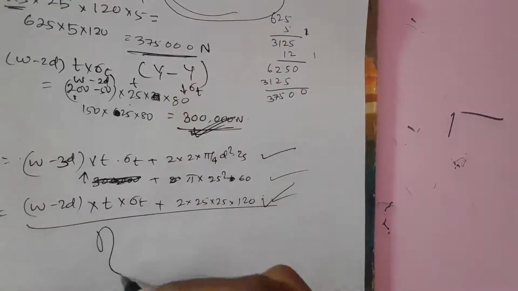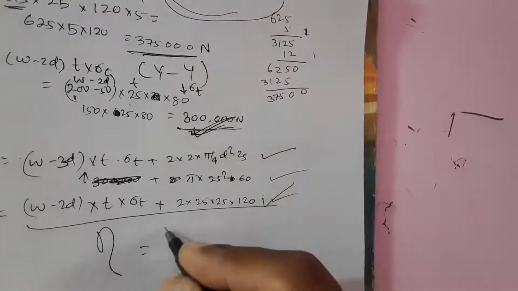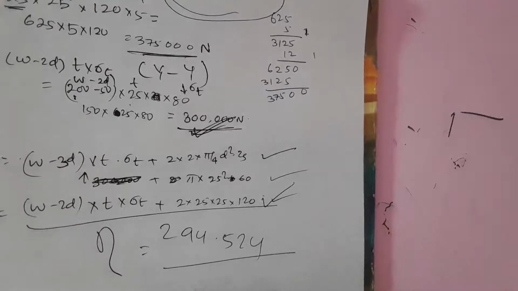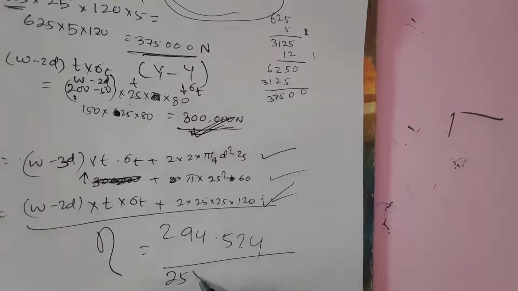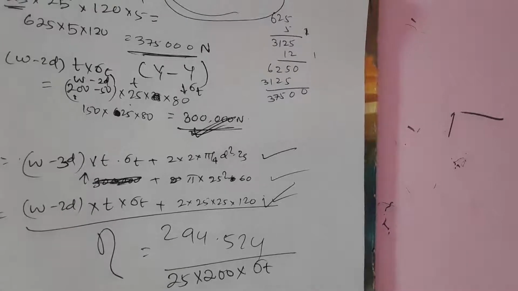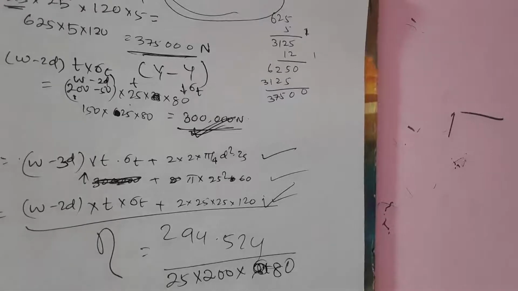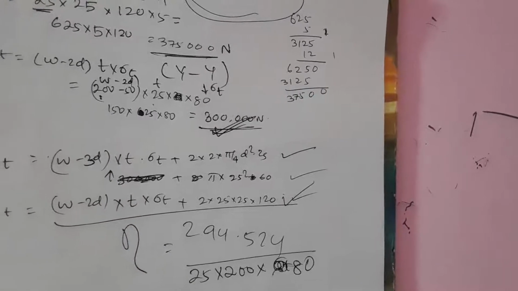If you want to find out the efficiency, you have to take this 294.524 divided by the thickness of the plate, 25, the width, 200, into sigma t. In this case, sigma t is equal to 80.